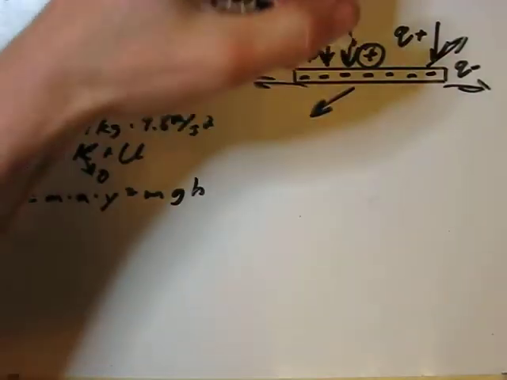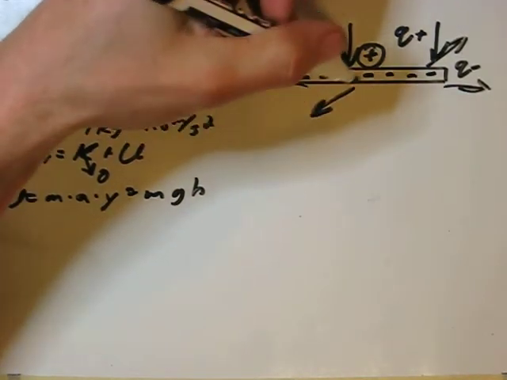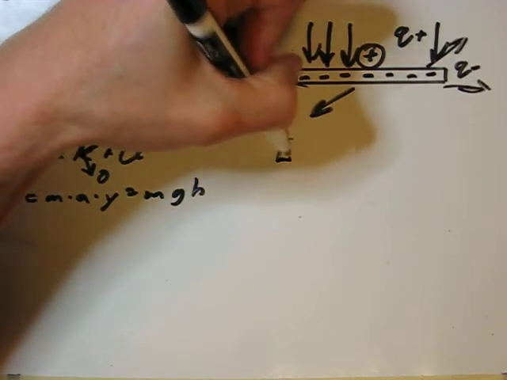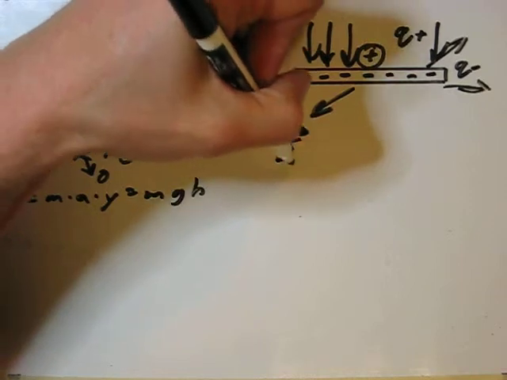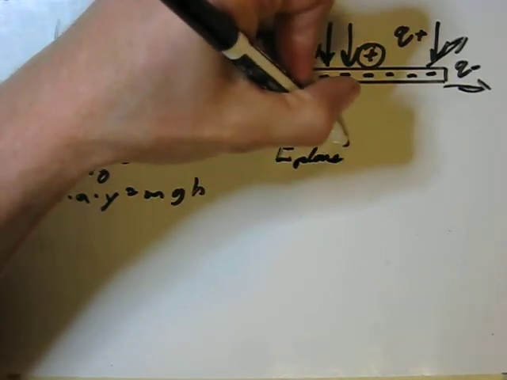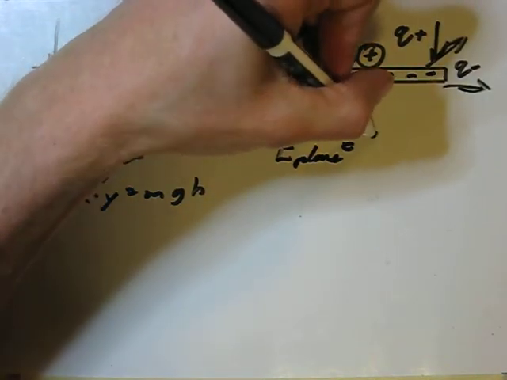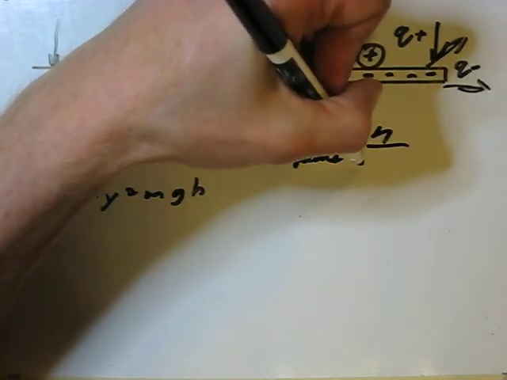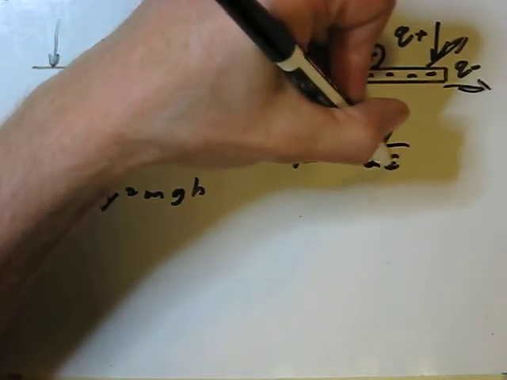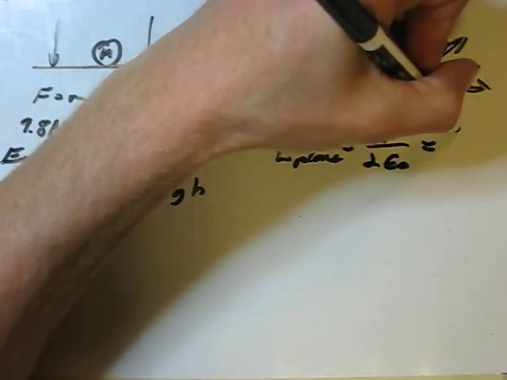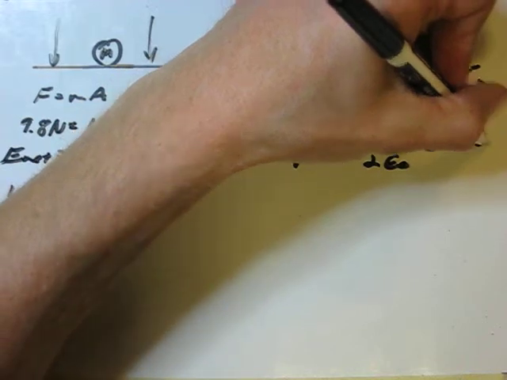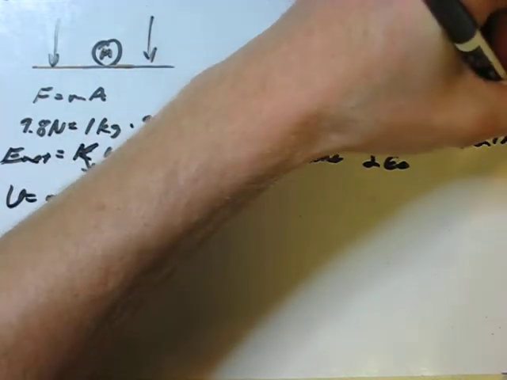So we could calculate that based on the charge density of our plane here. I don't know if you guys recall, the E field of a plane is equal to the charge density over 2 epsilon naught, which is also the same as charge density times 2 pi and our K constant.